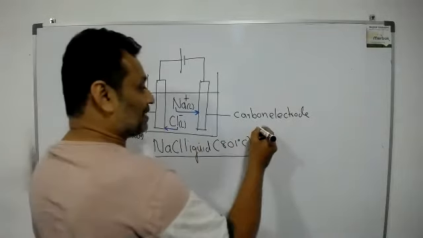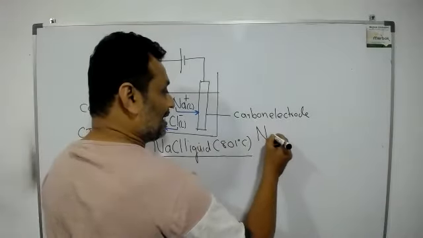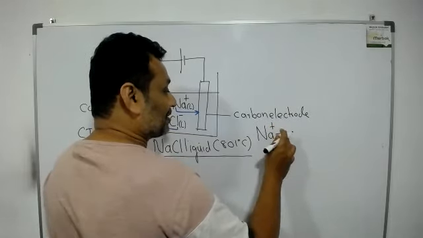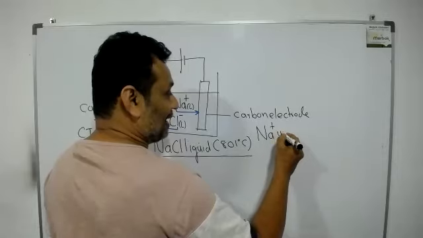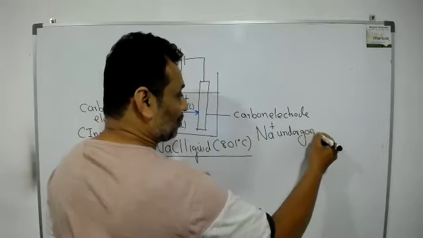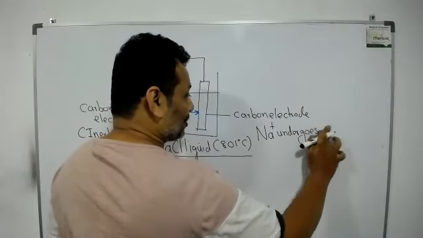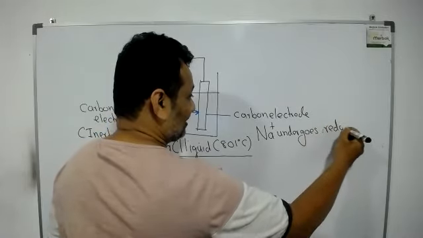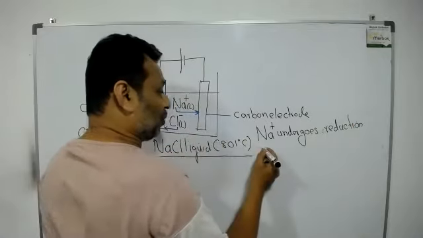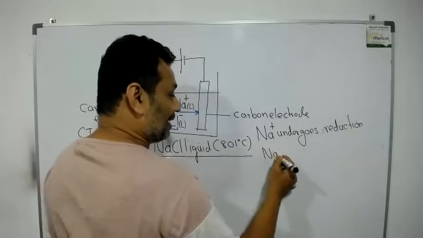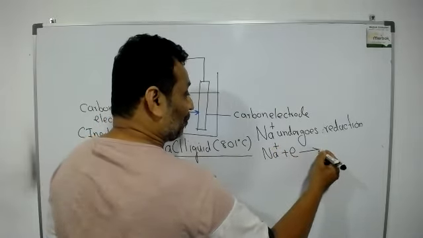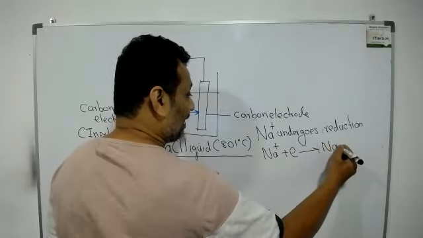Going to the minus place, Na plus undergoes reduction. From this electrode, it will get an electron and form Na.